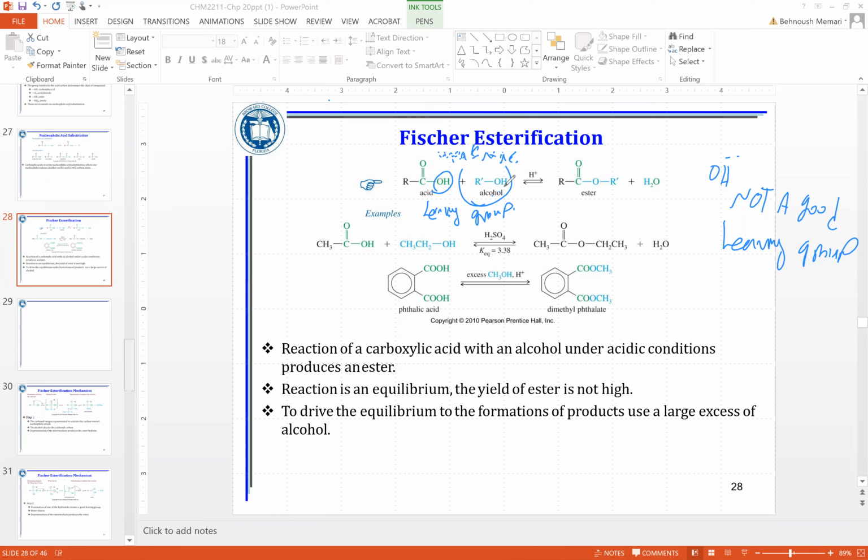We have to have a catalyst. So acid is going to be used as a catalyst. What it's going to do is protonate the OH and change it to a better leaving group. Then the leaving group leaves, and then OR is going to replace the OH.